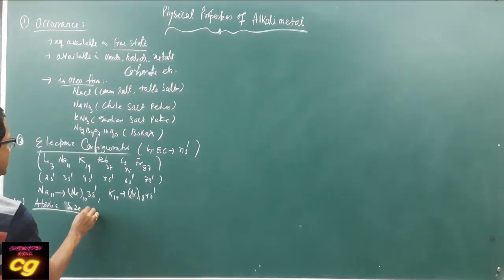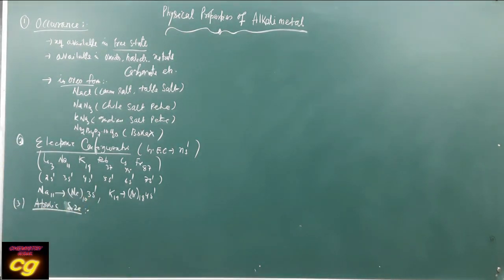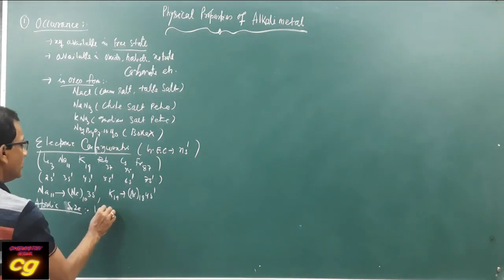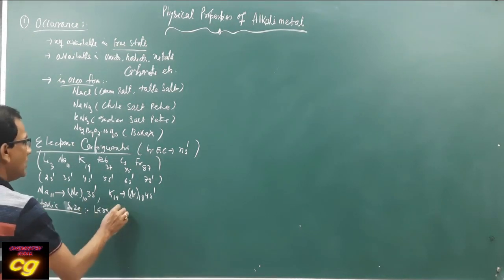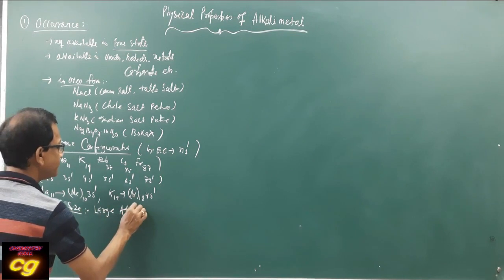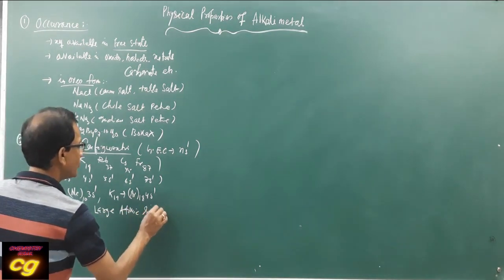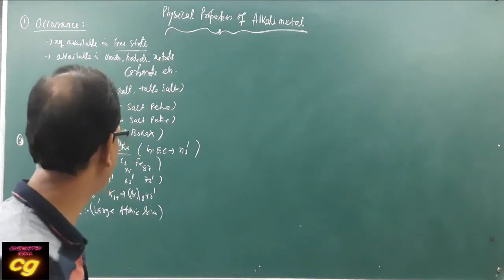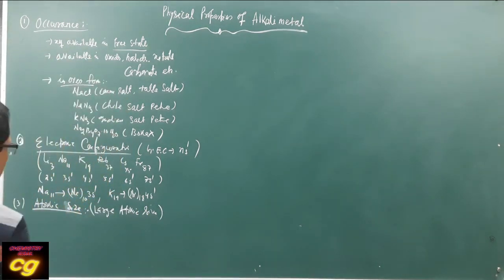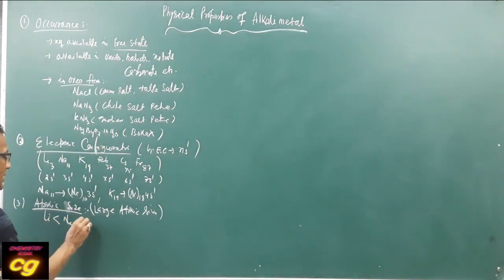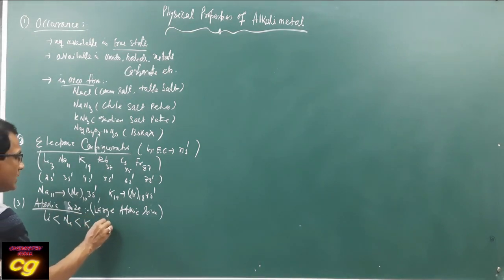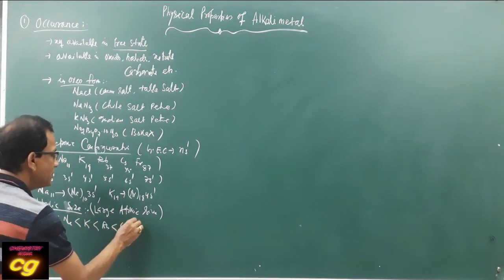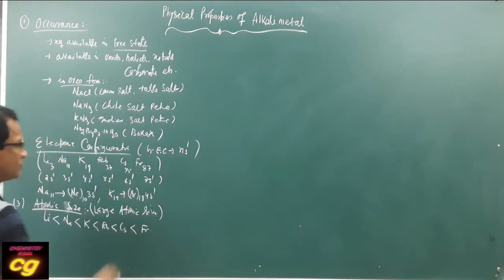Alkali metals generally have a large atomic size compared to other groups, and the order of atomic size is lithium less than sodium, less than potassium, less than rubidium, cesium, francium.